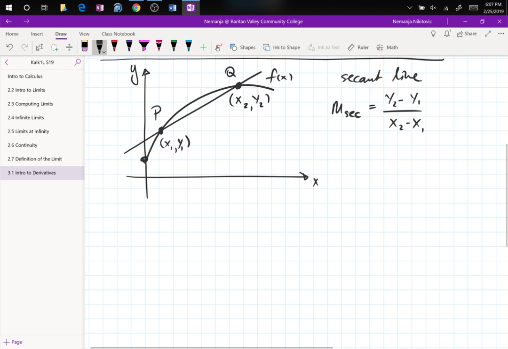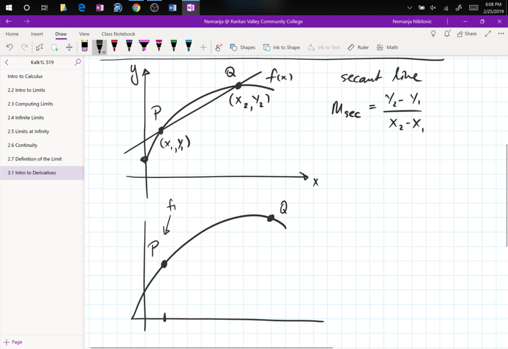Now I'm going to do something here. I'm going to allow this Q to travel alongside the line towards P. So P is going to be a fixed point, and Q is going to move.